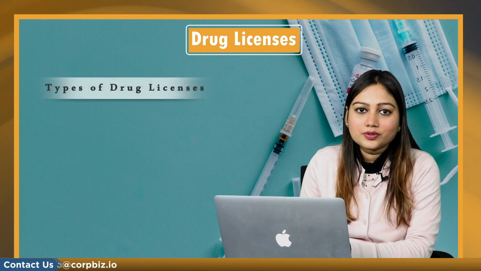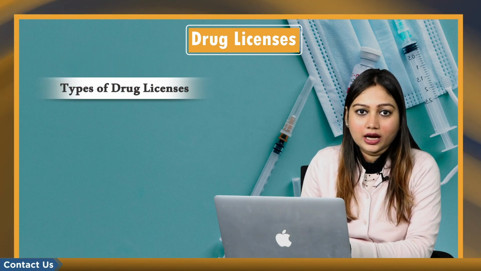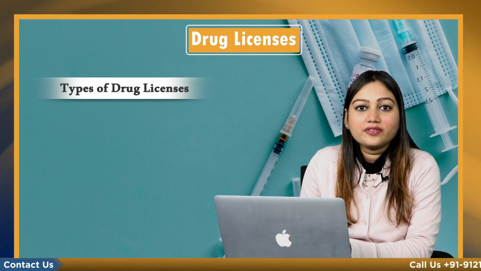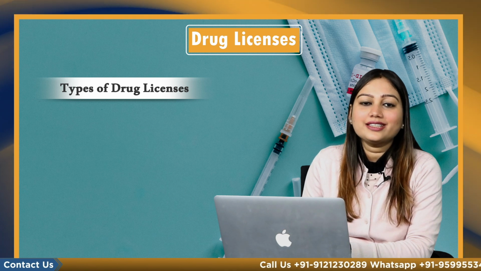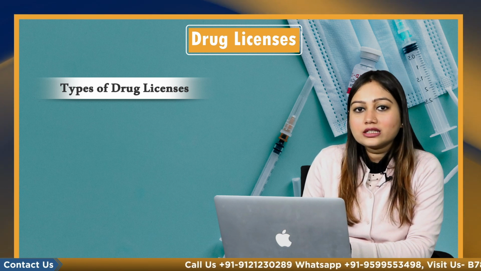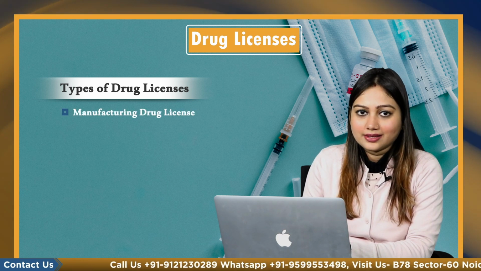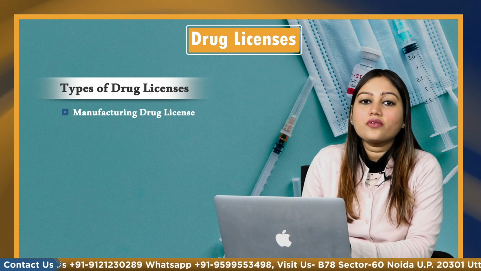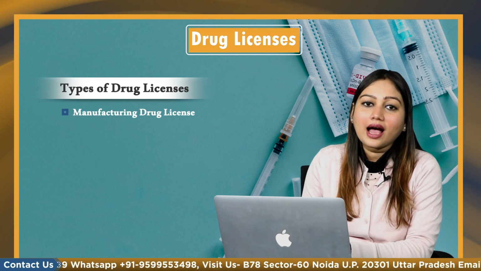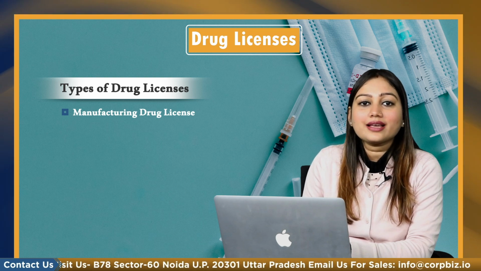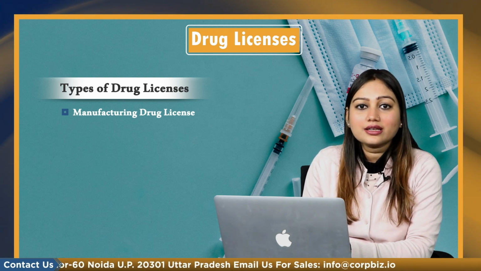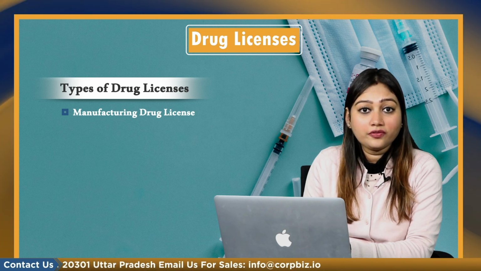So what are the types of drug licenses issued in India? Following are the different types of licenses issued depending upon the type of business for which the license is obtained. First one is the manufacturing drug license. All the manufacturers of allopathic, cosmetic, Ayurvedic products or any other medication or drugs as specified under the Drugs and Cosmetics Act 1940.